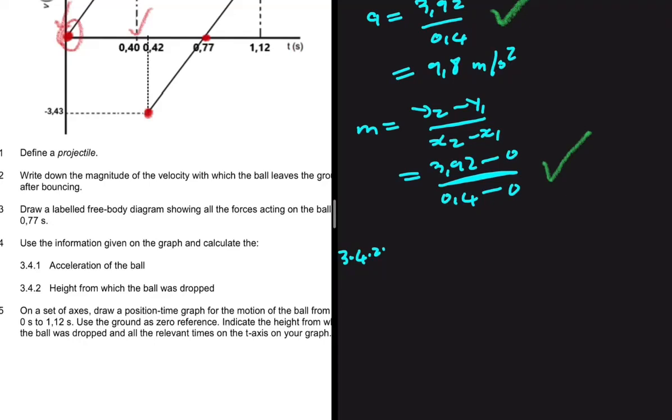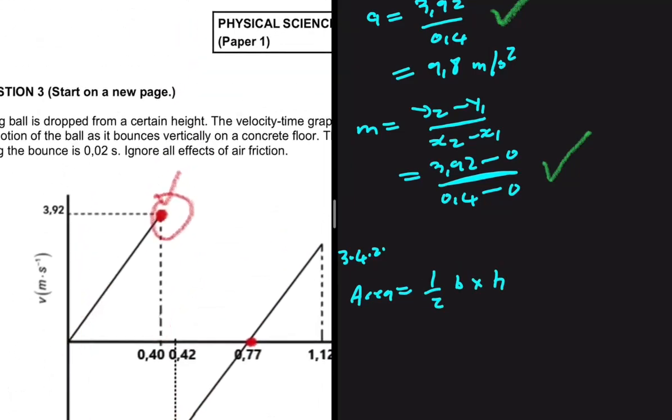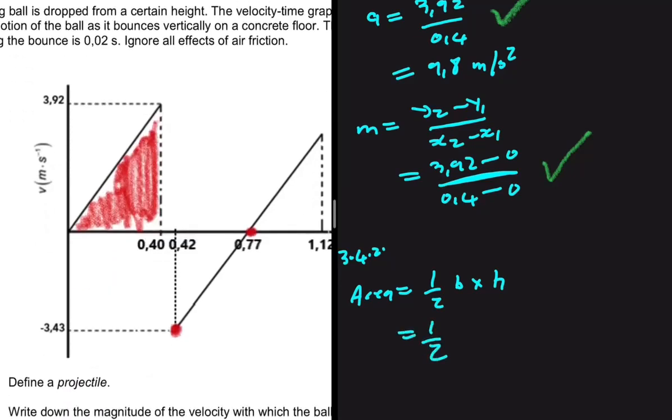So if we use the area under the graph, we're going to have area equals half base multiplied by height. The area which we're interested in, let me just erase this, is this very area here. So if we decide to use that area, our base is 0.4, and our height is 3.92.